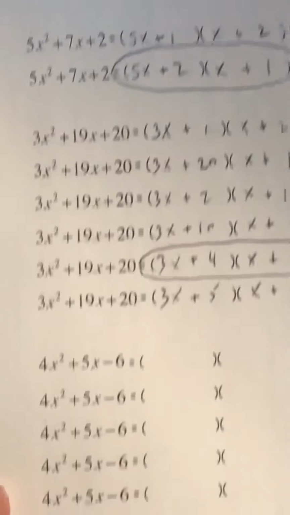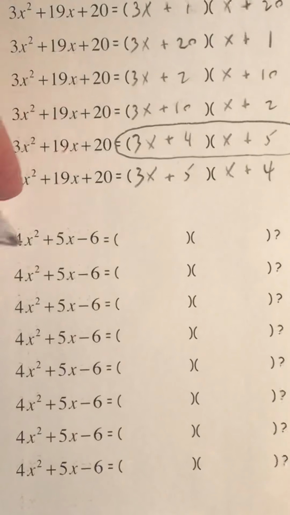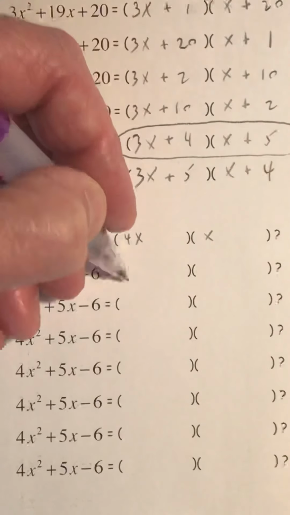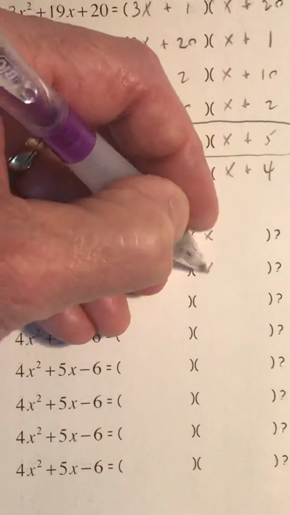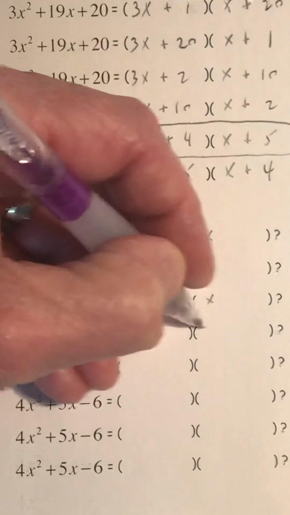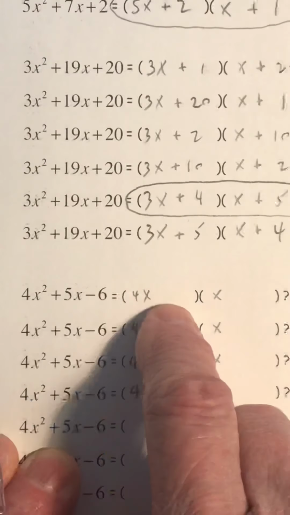So let's do this last one. And to get 4x squared, I could have 4x and x. And if you're getting suspicious, you should be. How can I get a minus 6?